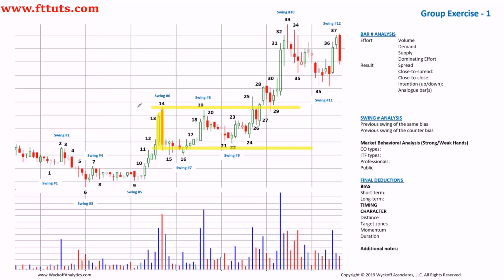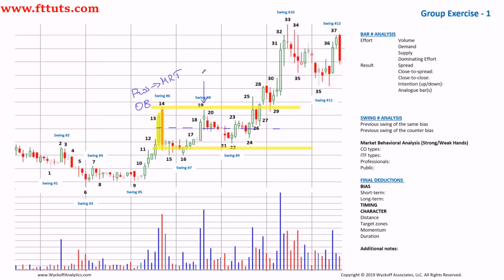And anything above point number 14 will be an overbought condition, and therefore professionals here are going to conduct a mean reversion trade, because in the overbought condition they would be thinking that there's going to be a reversion to a mean, and therefore there's going to be some kind of trade.